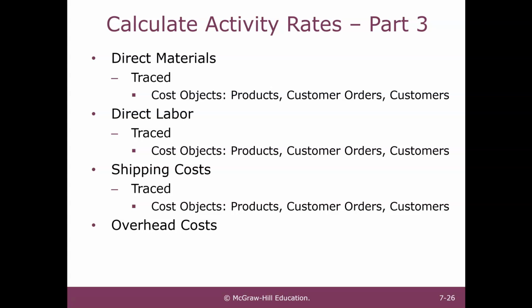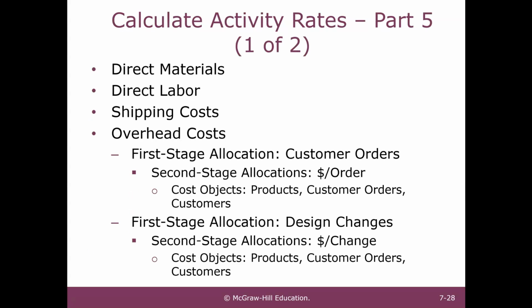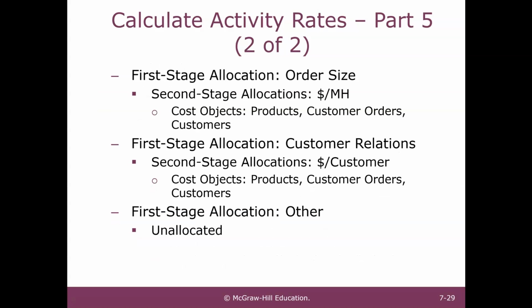So you can see that the direct materials, direct labor, and shipping costs are all cost objects allocated to the products, to the customer orders, and to the customers. That was the first stage of the allocation. Now let's look at the second stage, which is to actually calculate how much that's going to be.